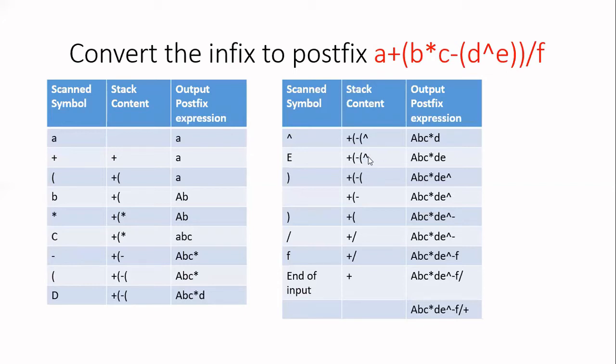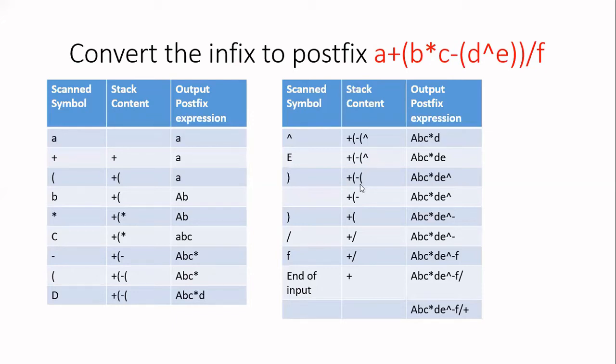Pop it. What is the meaning of pop? Pop is nothing but remove from the stack and then write it at the output. So I am going to remove exponentiation from the stack and write it at the output. You can see here, after E, I now have exponentiation. Since it is popped from the stack, I am not writing it in the next line.